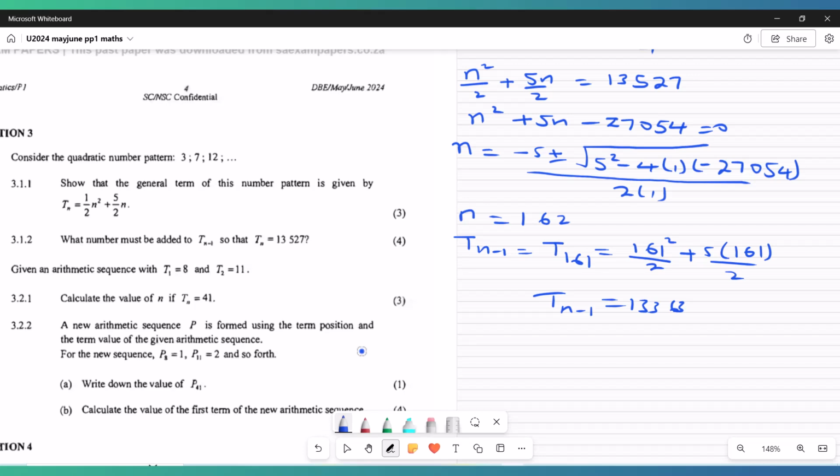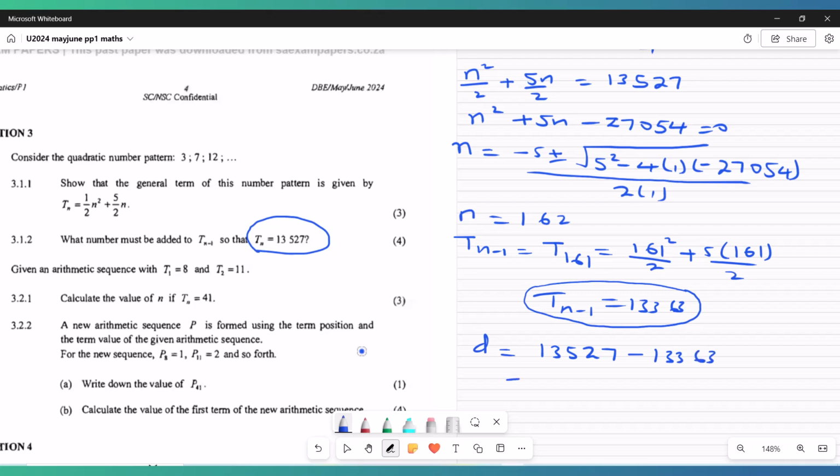I have the Tn here, and now I also have Tn minus 1. Because these are consecutive terms in my quadratic sequence, what to add to this one to get this Tn must be the difference. So I'm going to subtract now to get my difference. It's going to be d equals 13527 minus 13363.